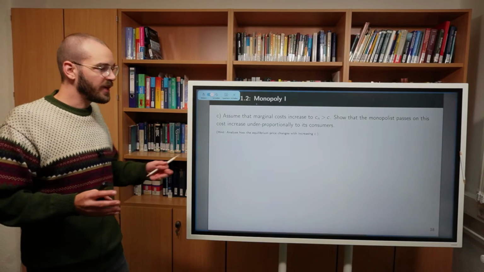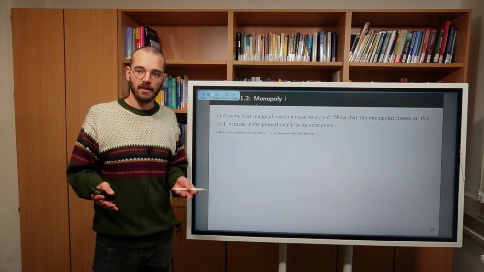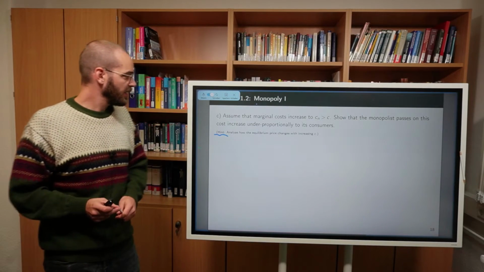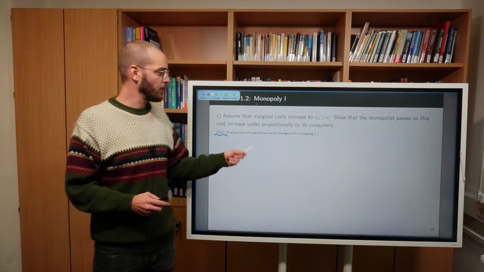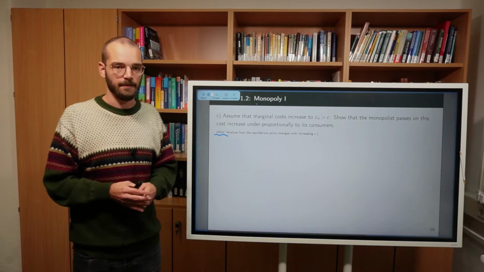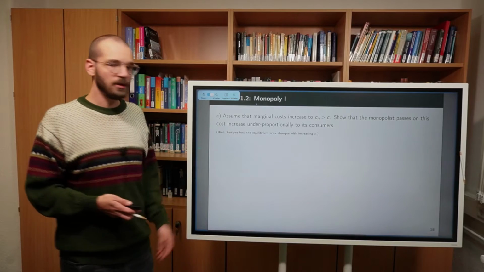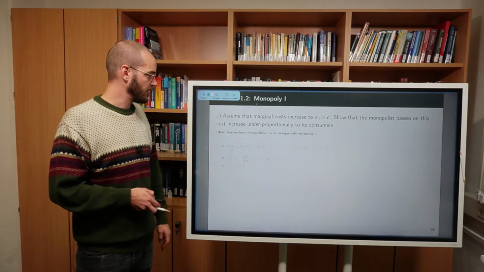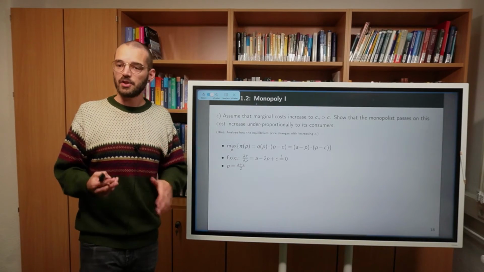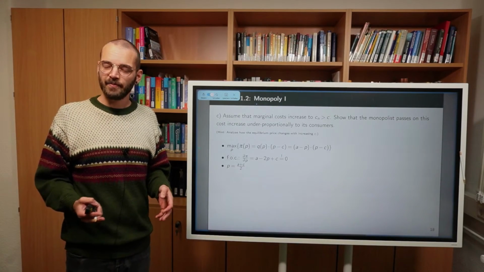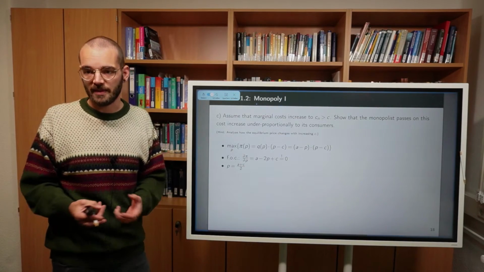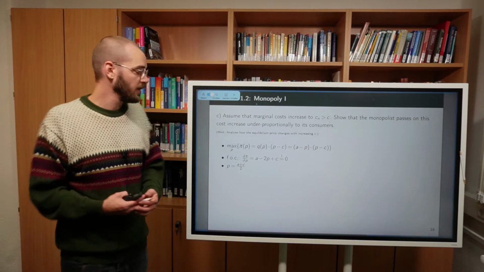Now, how can we show what is asked to show? Well, the hint gives it away. We are asked to analyze how the equilibrium price changes with an increasing C. So, in order to answer this question, we start by stating the profit maximization problem of the monopolist, but now we stick with the parameters because we want to see what happens if we change C, right?